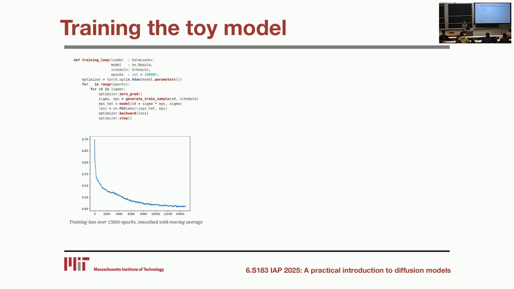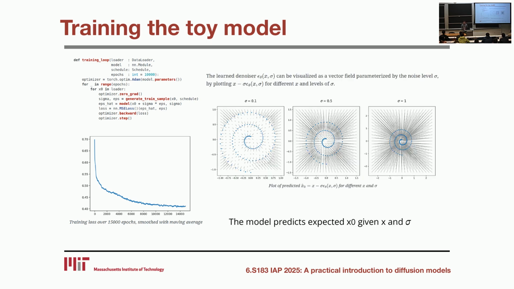So here's the training code, which basically implements the loss function we described just now. You can see that this is just a loss function between the noisy data and the clean data. And you can train it for a few minutes, and then the loss function plateaus. And what do you actually get? Let's visualize what we actually get.